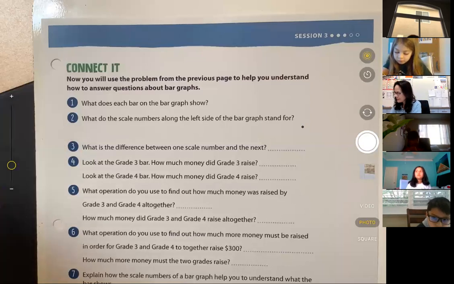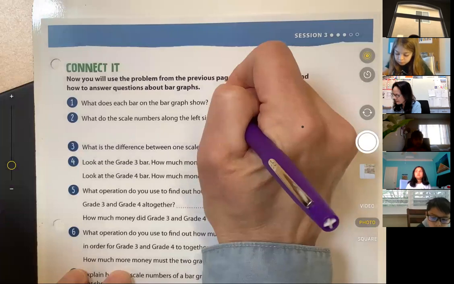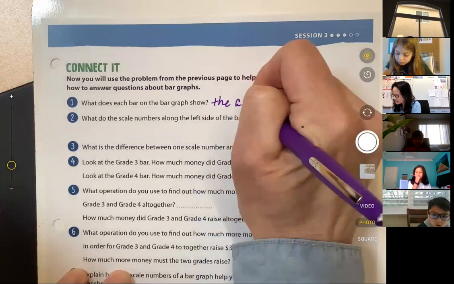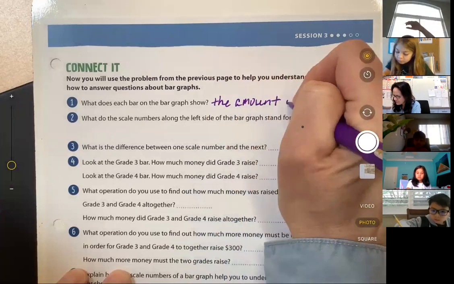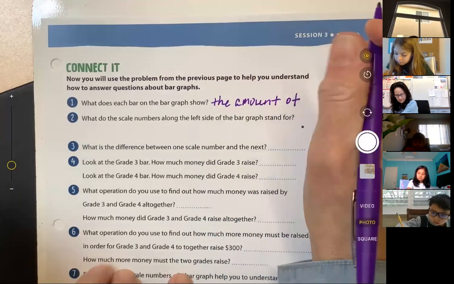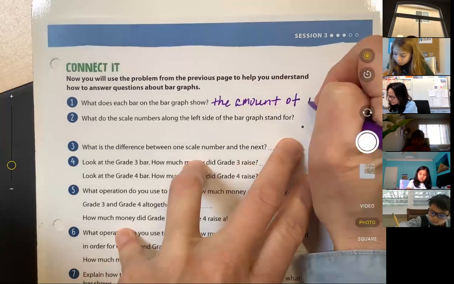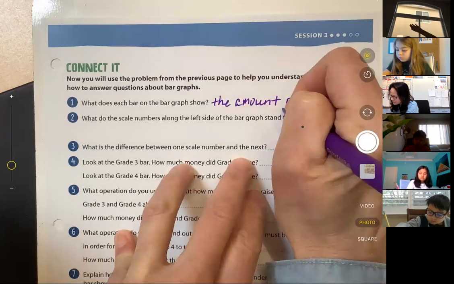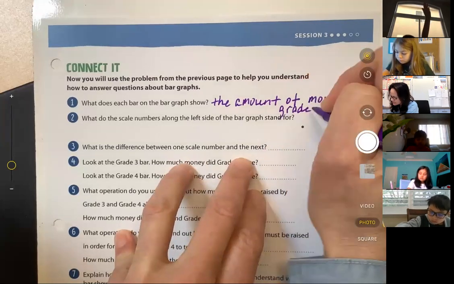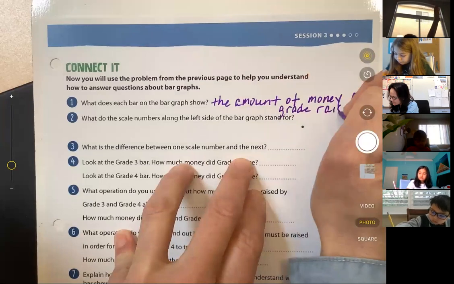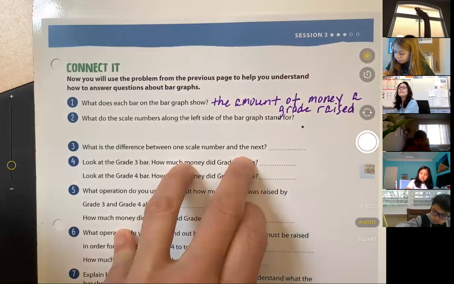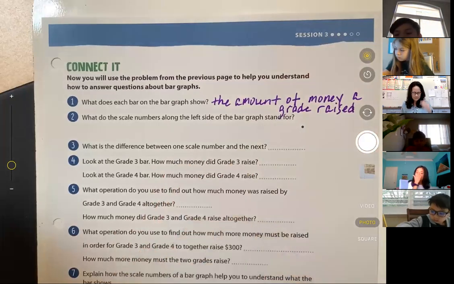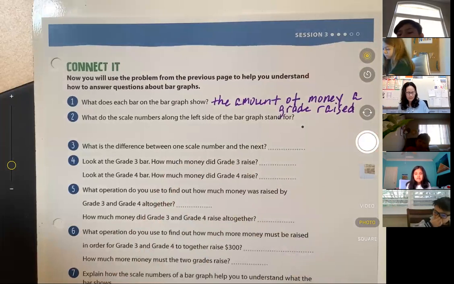It is the amount of money a grade raised. The amount of money a grade raised. What do the scale numbers along the left side of the bar graph stand for?